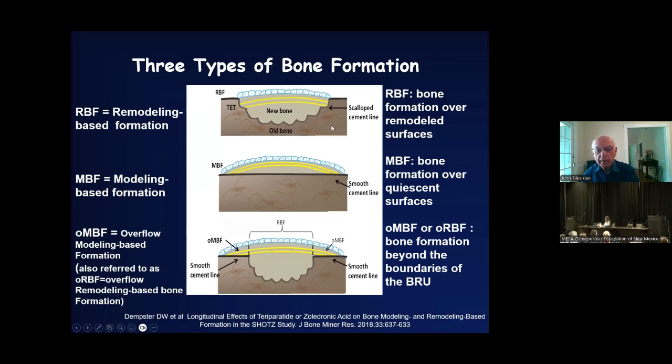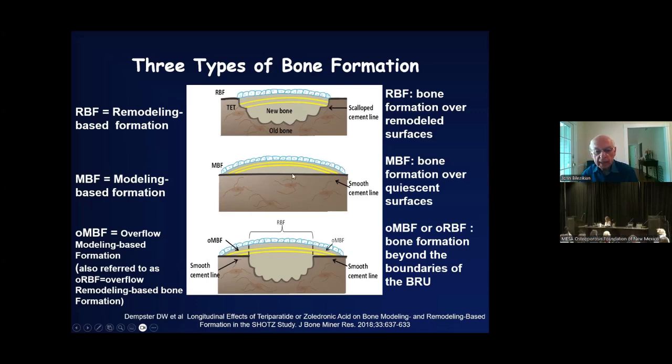One way you can form bone is to take advantage of that scalloped bone resorption unit, and as it is being replaced by new collagen, there is a more exuberant effect so as to overfill this resorption cavity. So this would be an example of bone formation on a previously remodeled surface.